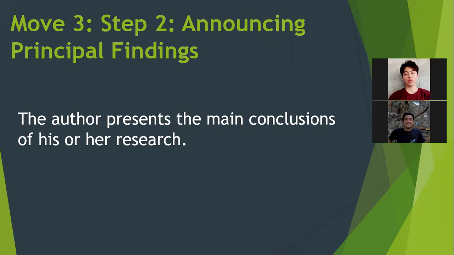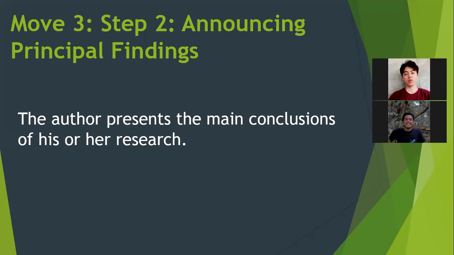Next, step 2, announcing principal findings. The author presents the main conclusion of his or her research. Although in a research introduction, you don't have to provide the results of your study yet, because this is just the introduction, you have to provide your assumptions.